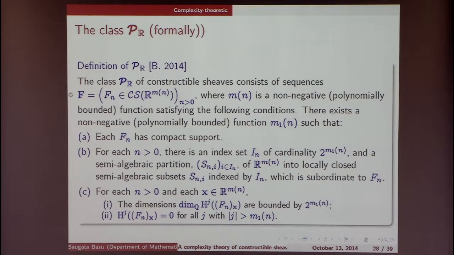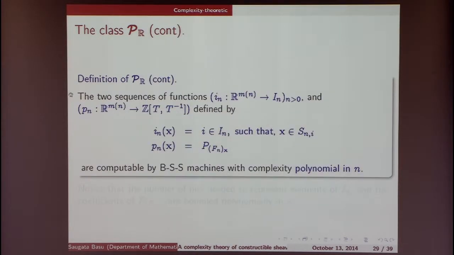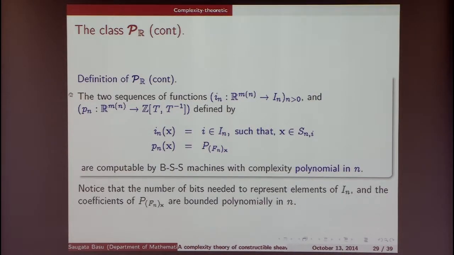And now come the two important things: the two sequences of functions that take a point in R^m to the index set and compute the Poincare polynomial should be computable by BSS machines in polynomially many steps. Notice that the number of bits needed to represent the elements of the index set, there may be exponentially many pieces, as well as the coefficients of the Poincare polynomial, are bounded polynomially in n by this definition. So you could possibly compute this.